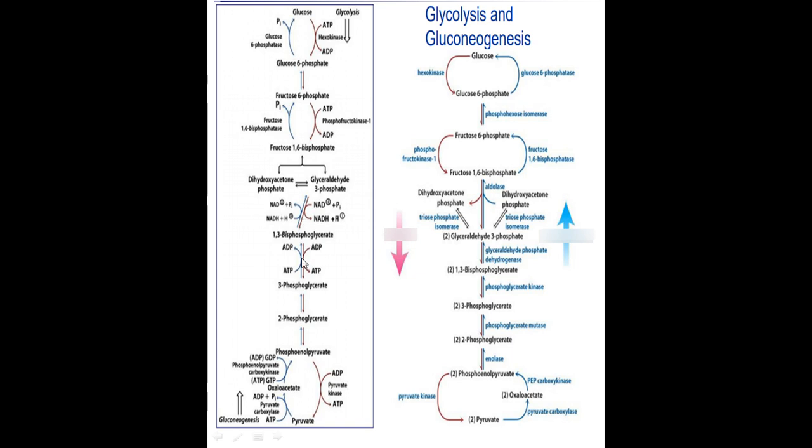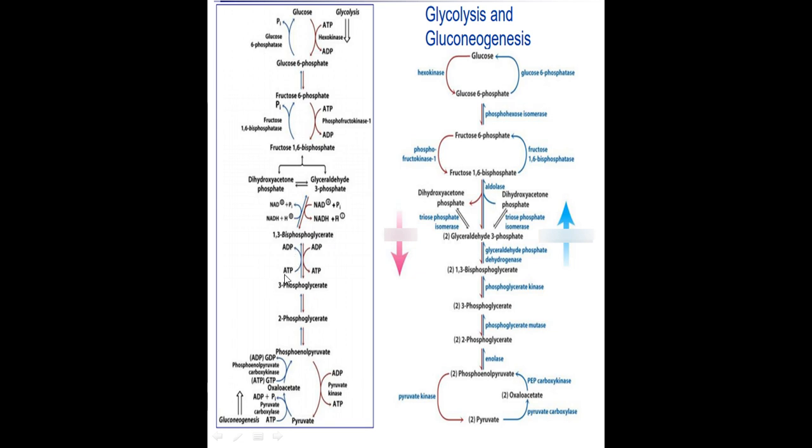The other difference is that almost all the steps in glycolysis where ATP is produced, in gluconeogenesis ATP is consumed. The first substrate level phosphorylation is the conversion of 1,3-bisphosphoglycerate to 3-phosphoglycerate.